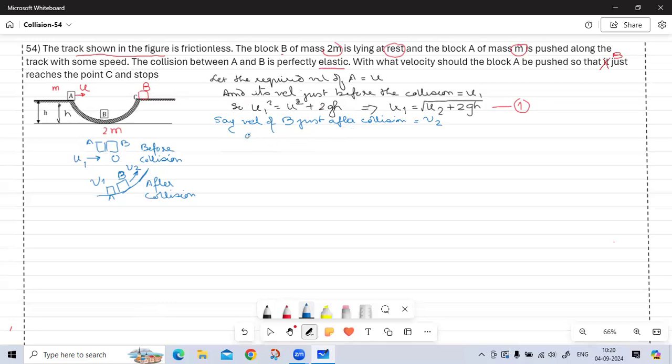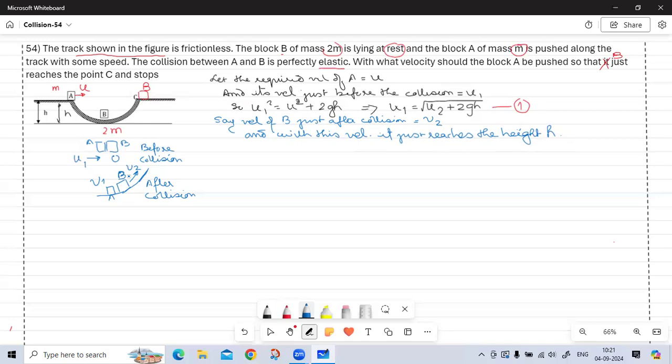And with this velocity of B, it just reaches the height h.